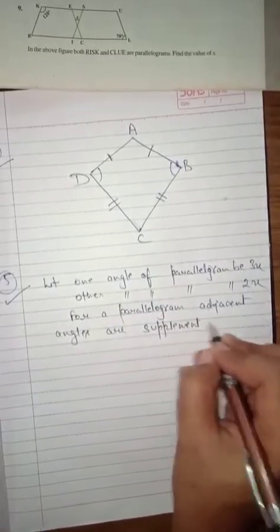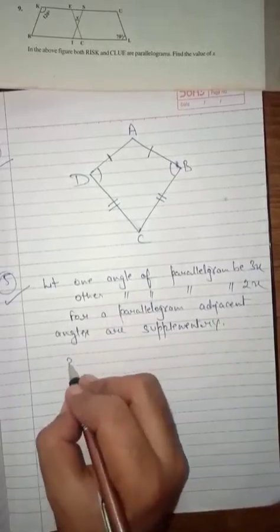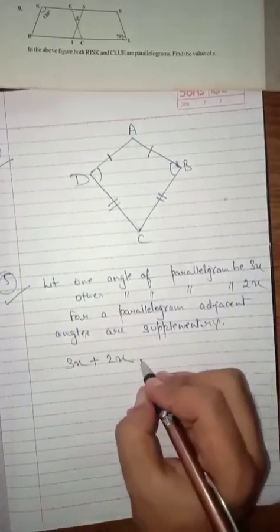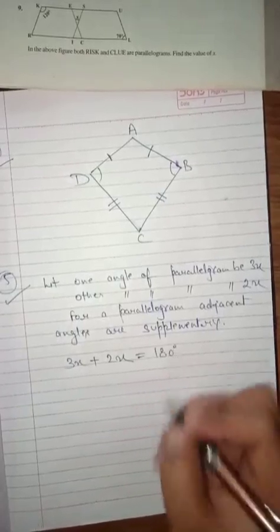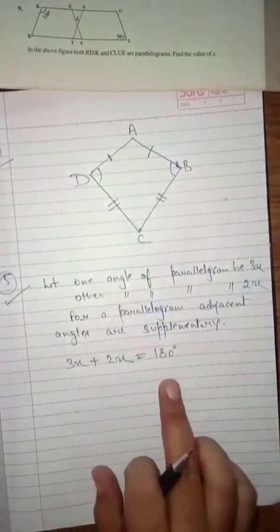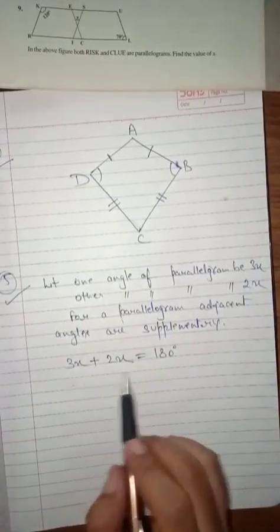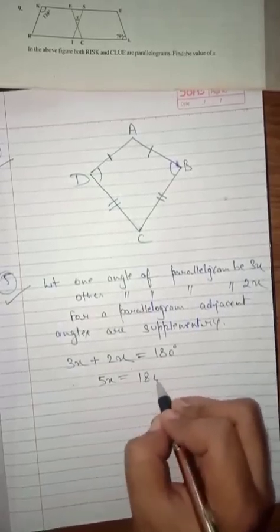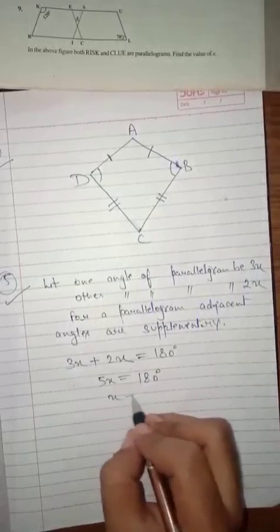So students, by this property 3x and 2x are adjacent angles. So the sum of these two angles should be equal to how much? 180 degrees, because these two are supplementary angles. So 3x plus 2x will be equal to how much? 5x. 5x is equal to 180 degrees, and x will be how much?